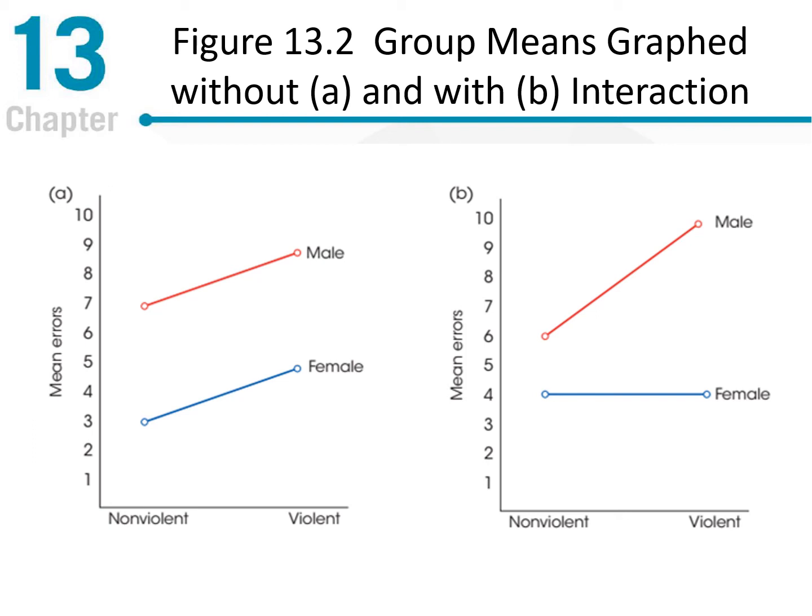So males and females increase at the same rate when you go from non-violent to violent. So I'm assuming they're watching something violent, or they're playing a violent video game, or one of these studies, right? You see the same difference in males and females.